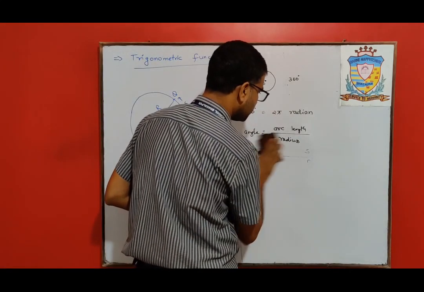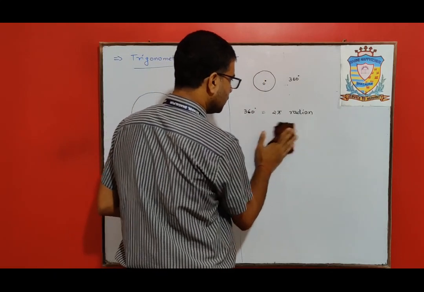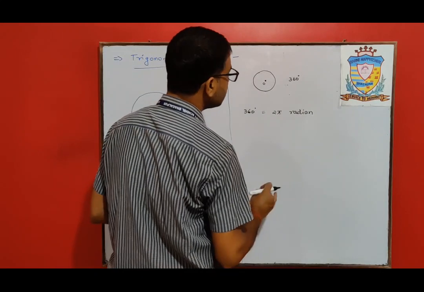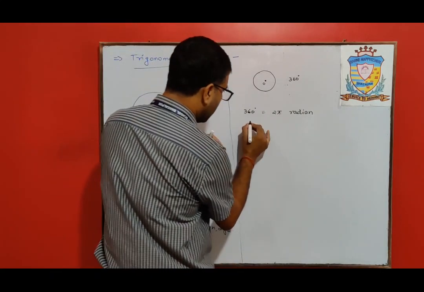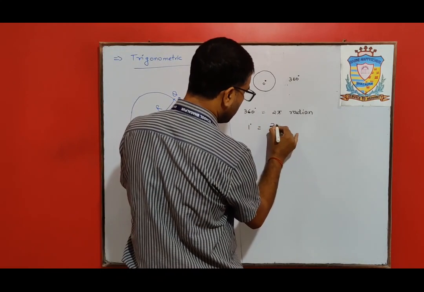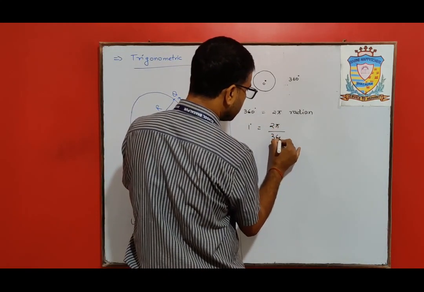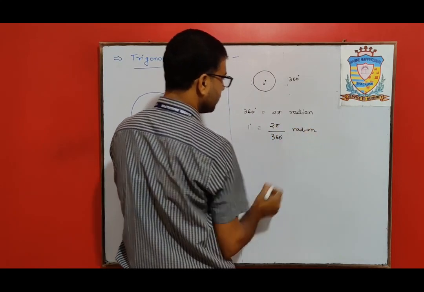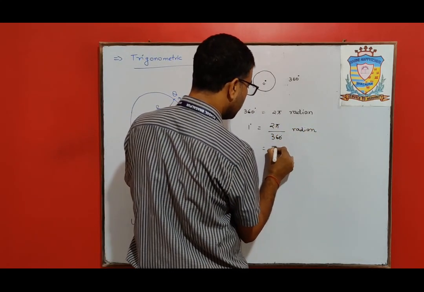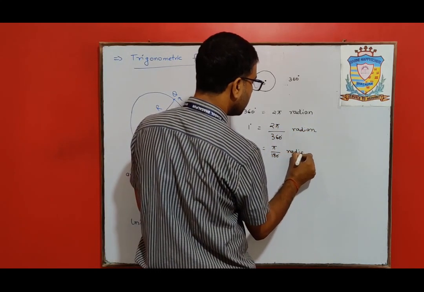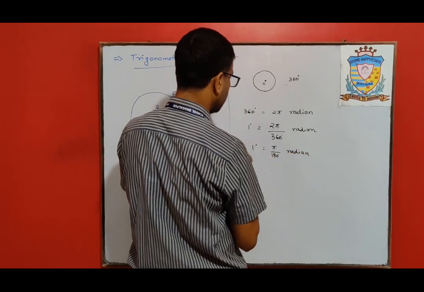So now 360 degree can be written as 2 pi radian, or 1 degree is equal to 2 pi upon 360 radian, which is equal to pi upon 180 radian.